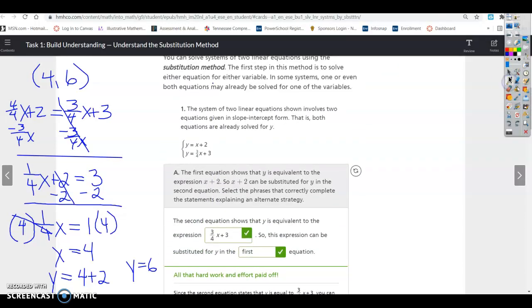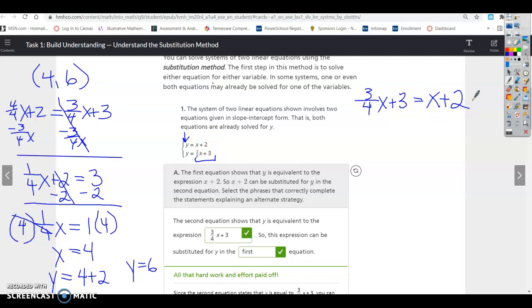Now they're telling us to work it the other way. They're saying take this and substitute it in the first equation. So if we do that, we're going to have 3/4 x plus 3 is equal to x plus 2.